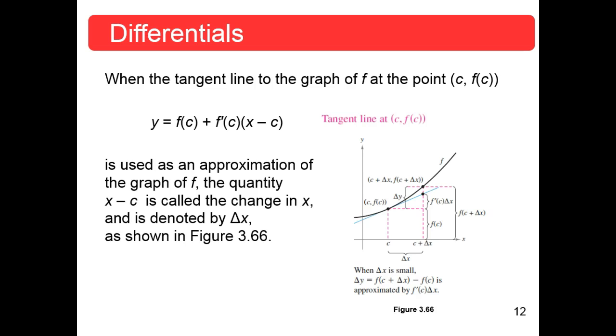When that's used as an approximation of the graph of f, the quantity x minus c is called the change in x. You moved x a little bit right or left of c. That's your change in x. And quite often we call that delta x. Right? Going back to what we did before we did derivatives.